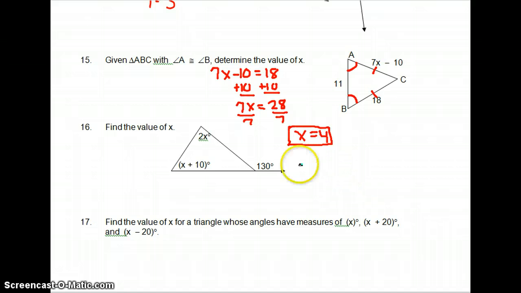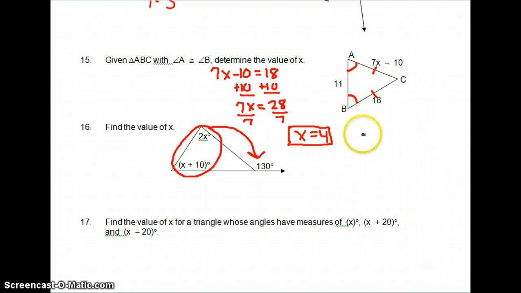Number 16, we're supposed to find the value of x, and we're given these angles. We know this is an exterior angle, and we know that it's equal to the sum of these two angles. So we're just going to do 2x plus x plus 10 equals 130.